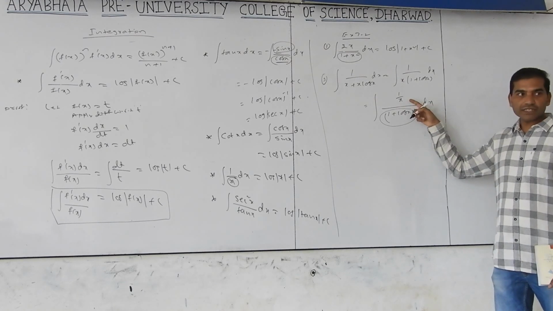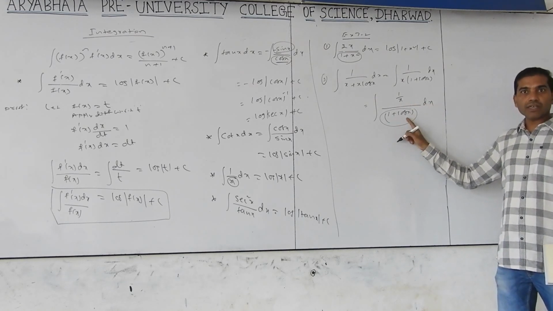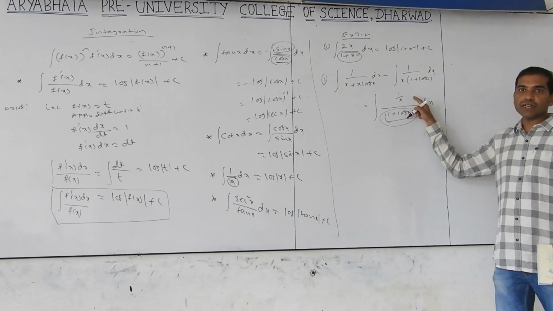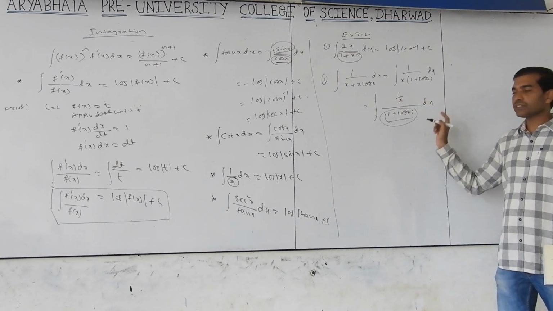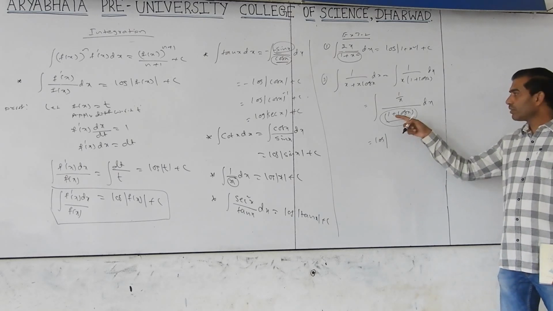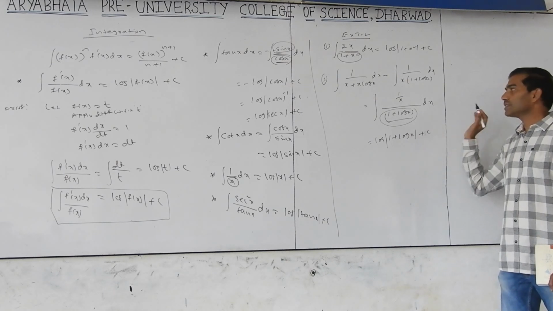Let us check: f'(x) is in the numerator. The derivative of 1 is 0 plus the derivative of log x is 1 by x. The denominator's derivative is there in the numerator. This is in the form of integration of f'(x) by f(x) dx, which equals log of the denominator. What is the denominator? 1 plus log x.